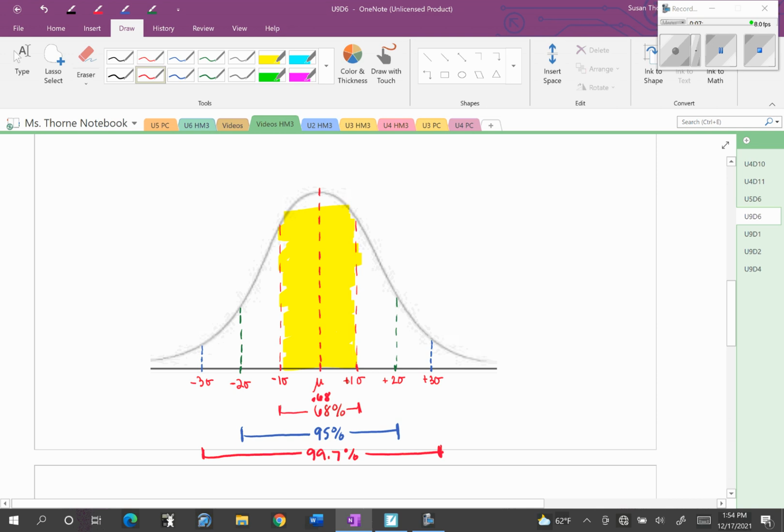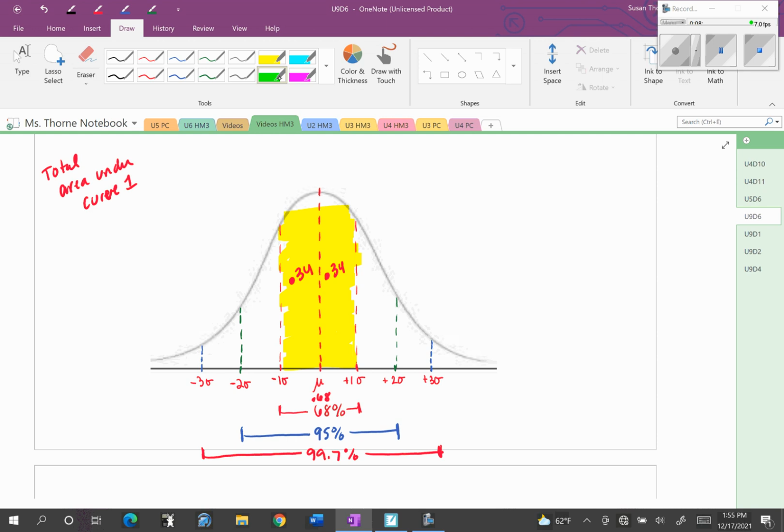So if the total area under the curve is 1, then if 68% of the data is within 1 standard deviation of the mean, 0.68, well, if you divide that by 2, that means this is 0.34, and this would be 0.34.